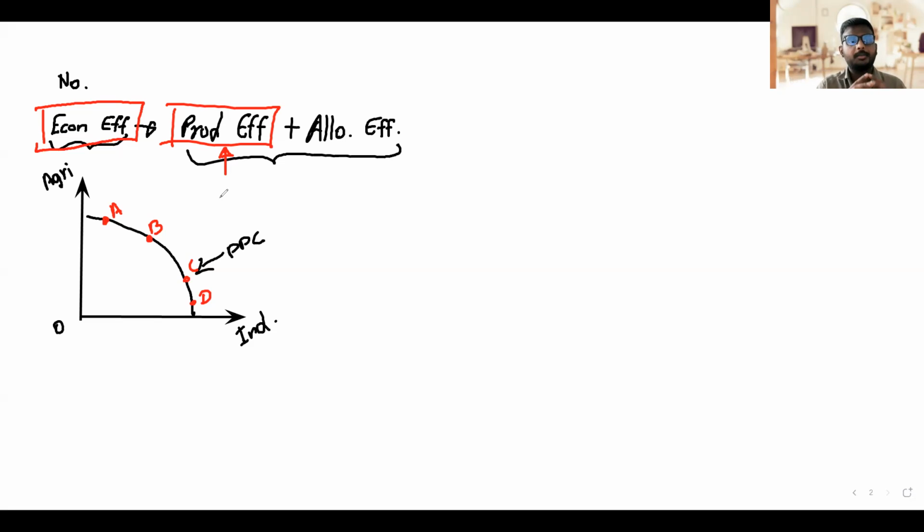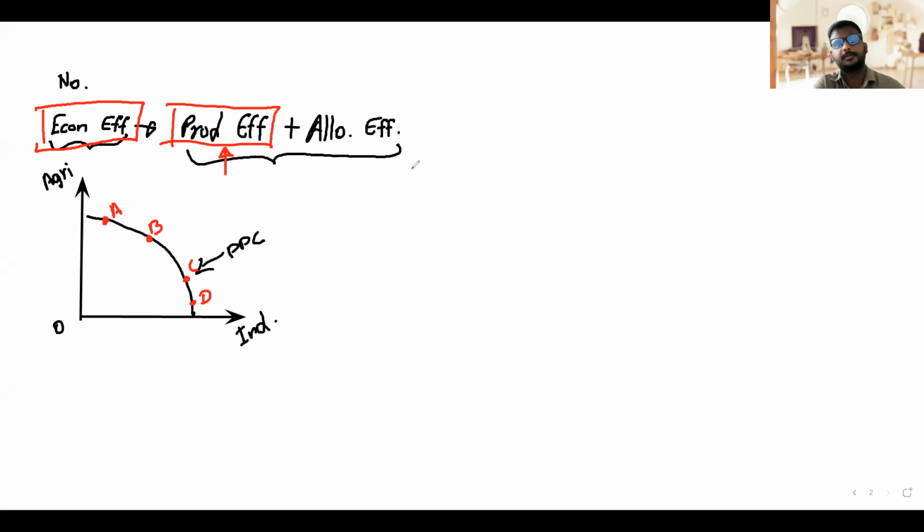So that is what productive efficiency is. And remember this, productive efficiency is present all along the PPC curve. Any point on the PPC presents productive efficiency. This point A, point B, point C, point D, all of them are showing us productive efficiency.